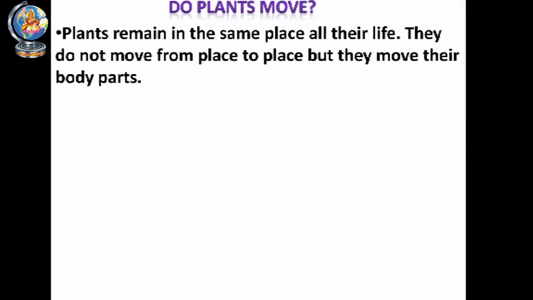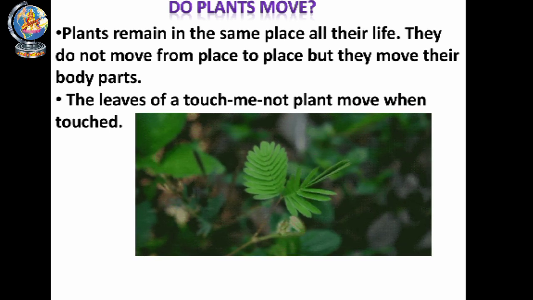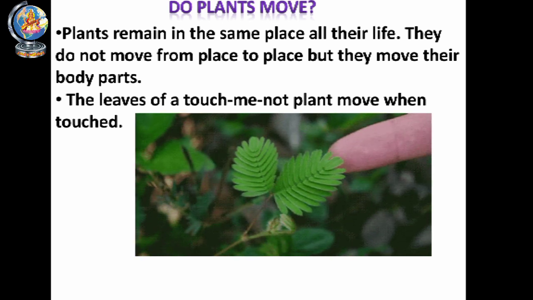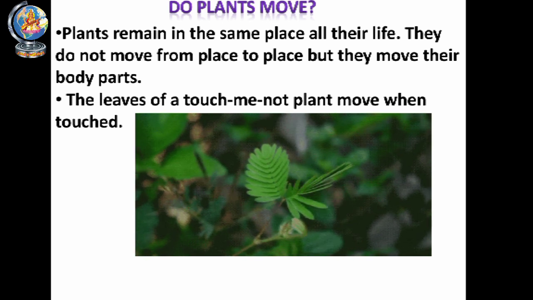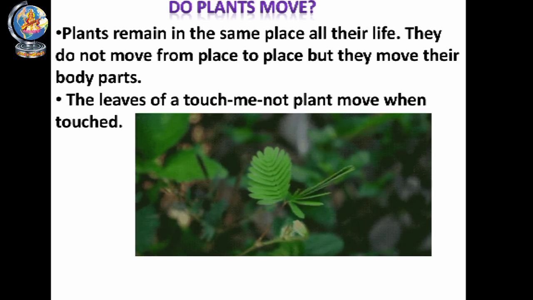Do plants move? In that we learned plants remain in the same place all their life. They do not move from place to place, but they move their body parts. The leaves of the touch-me-not plant move when touched, and this short video you have also seen in part 3, right? When you touch the leaves of the touch-me-not plant, the leaves get closed.